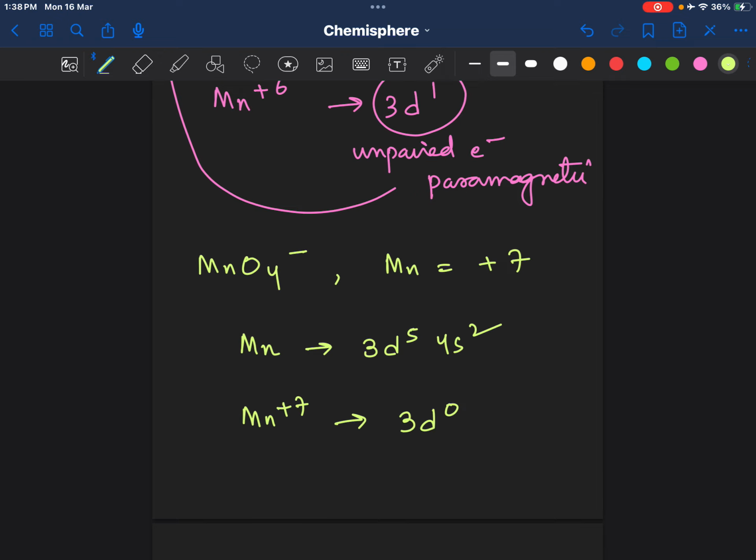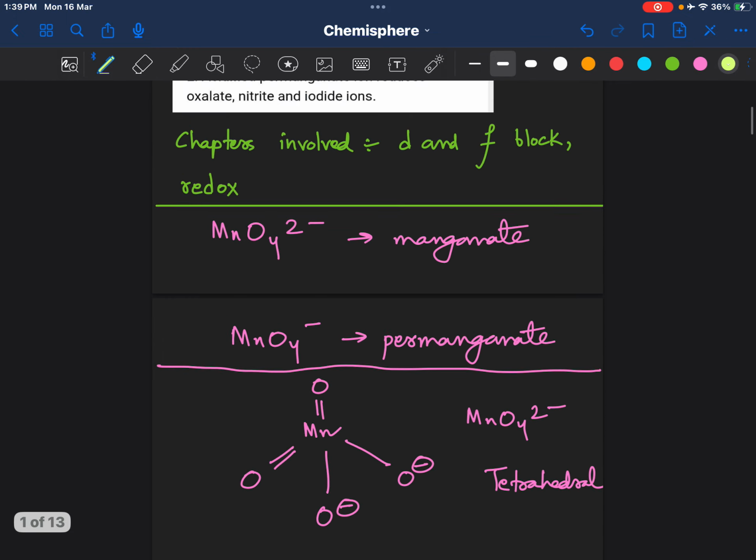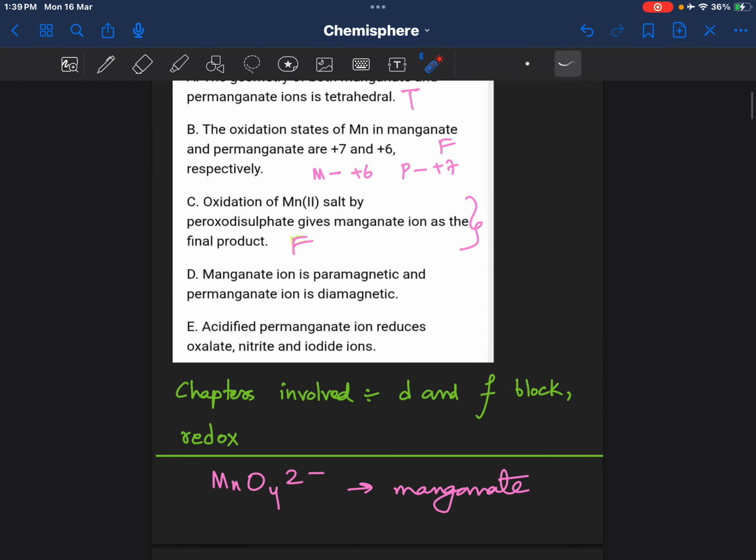There are no unpaired electrons, so it is diamagnetic. So manganate is paramagnetic, correct, and permanganate is diamagnetic, correct. This is true. Let's look at the last statement.